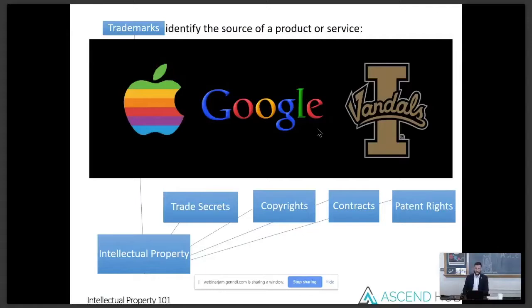The Google logo there is shown to demonstrate that you can register simply a word mark. So Google has registered, or Alphabet, excuse me, is the owner of Google as a trademark. And when you look at that trademark filing, it's just the word Google typed out, none of this color. But the word mark is protected in their use categories, which are substantial.